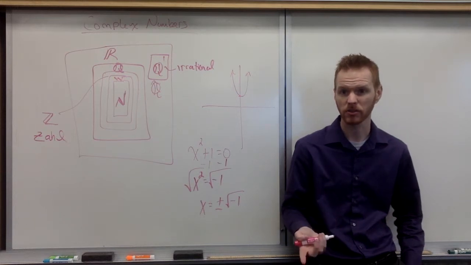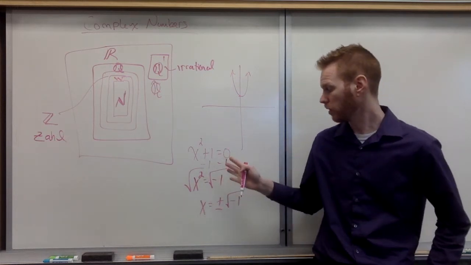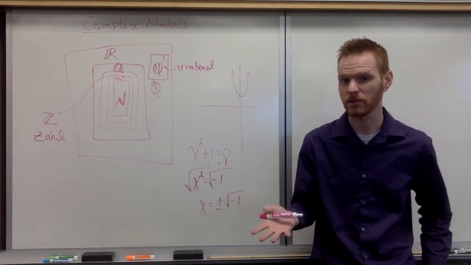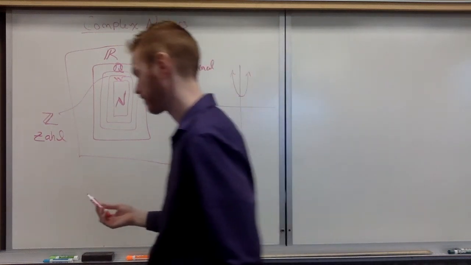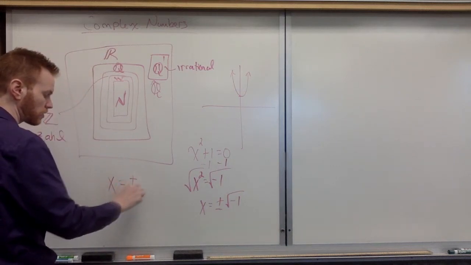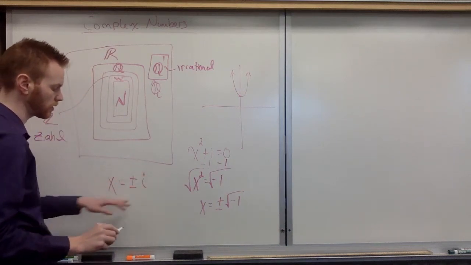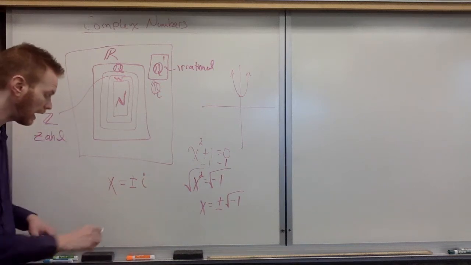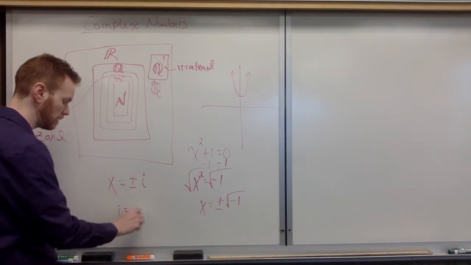What if we actually looked at this and say, hey, we could do something with this. Maybe there is some other solution to it, okay? So X will equal plus or minus. I'm going to introduce a new concept, a new symbol here. We're going to represent it by an i. Okay, i is imaginary.